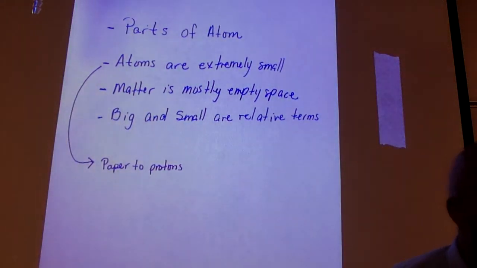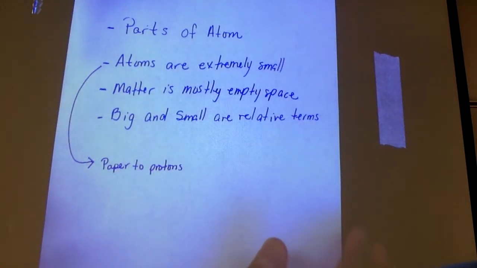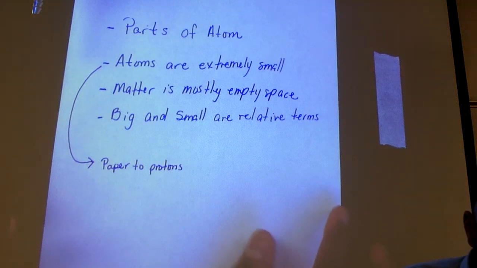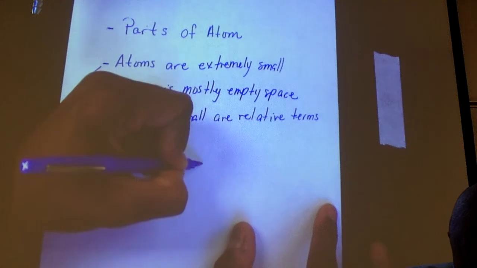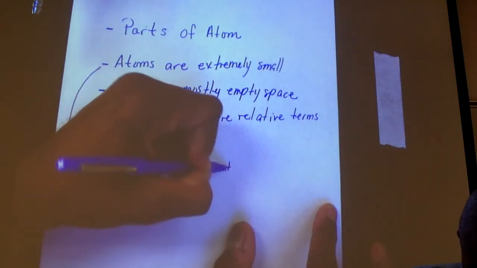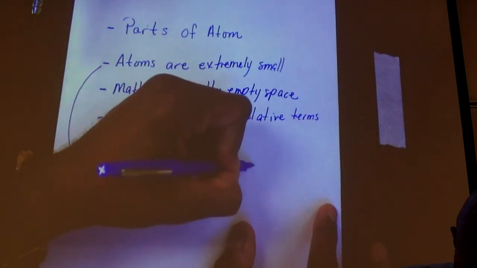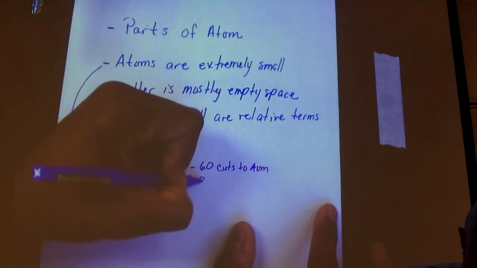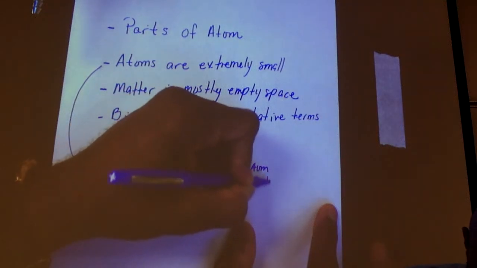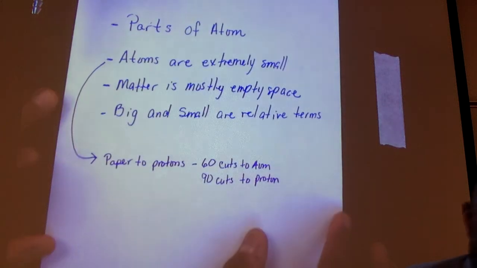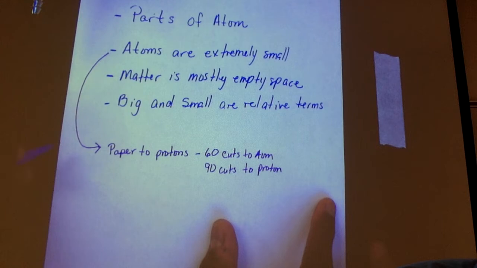Many of you got to around maybe 18 cuts, maybe 20, before you found that it was too difficult to cut the paper anymore. And I think we said that it would take about 60 cuts to get to an atom, and 90 cuts to a proton. There's no way you can do that with the scissors. So this helps us understand that atoms are extremely small.